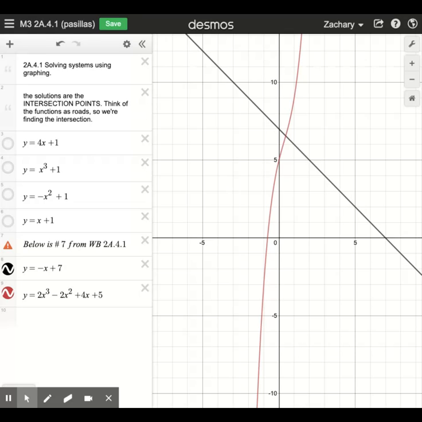Tell me in the chat. Where do you have to be at the solution of these two roads? Where do you have to be on both roads at the same exact time? All right, tell me in the chat, where's the solution for this?